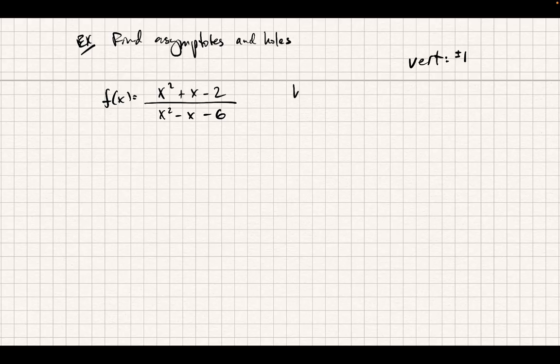So what's the horizontal asymptote? Y equals 1. Yeah, it's 1 over 1. So the leading coefficient's 1 here, 1 here. 1 over 1 gives you horizontal asymptote is 1. That's fine.